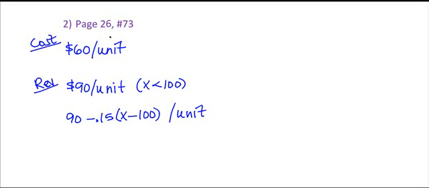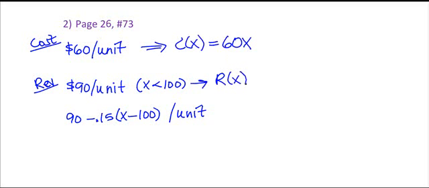If x is the number of units sold, our cost function C of x is 60x. Our revenue is the price we're selling times the number of units that we sold. So our R of x is 90x if x is less than 100.